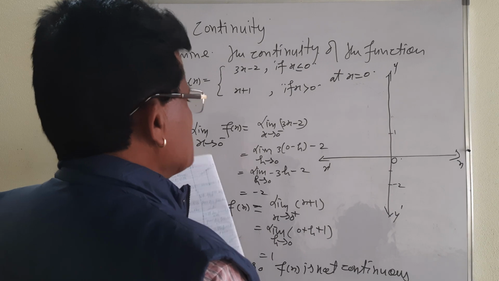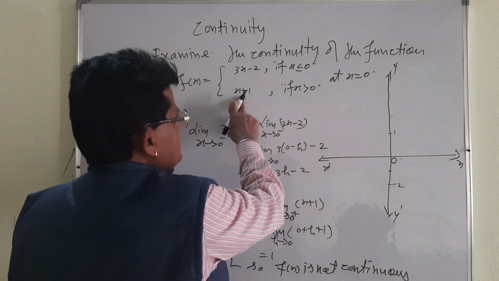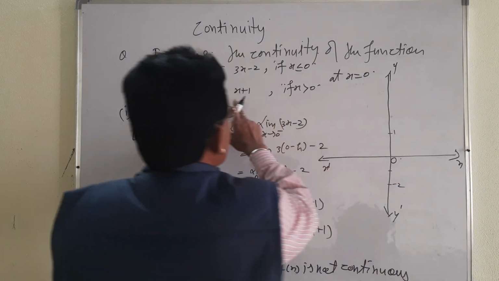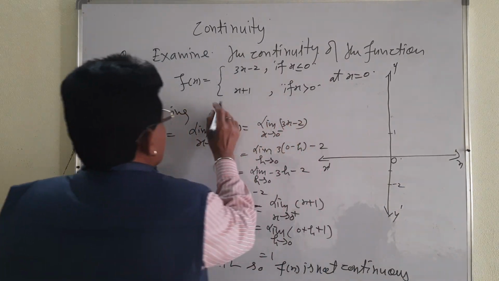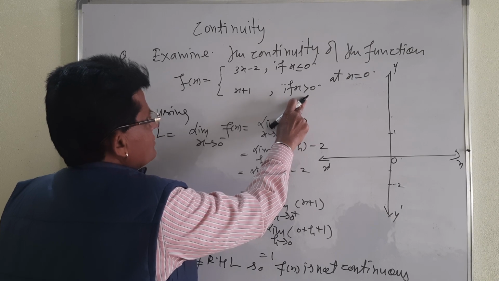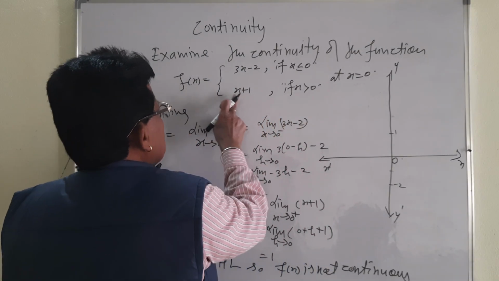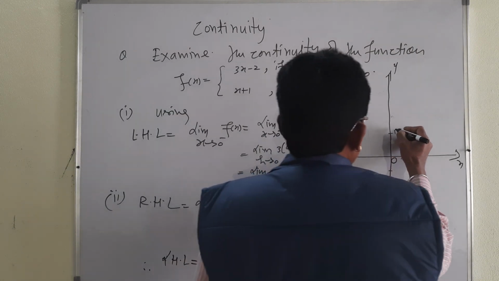My dear student, whenever you see the graph, for x greater than 0, the function is f(x) = x + 1. Greater than 0 means if x is 0, then you will start from where? 1. You will start the graph at 1.